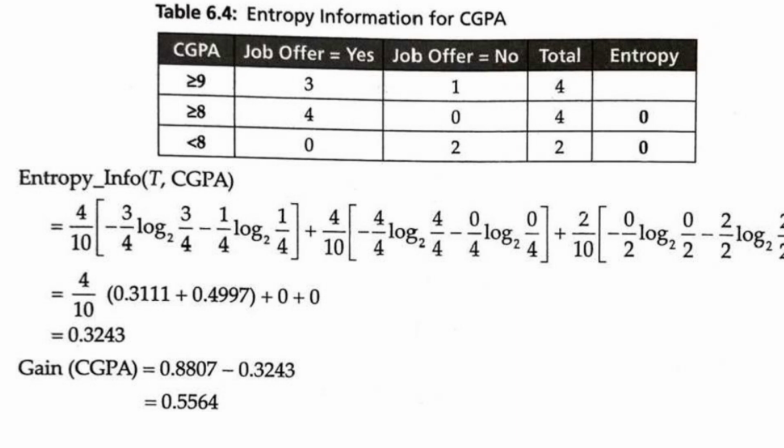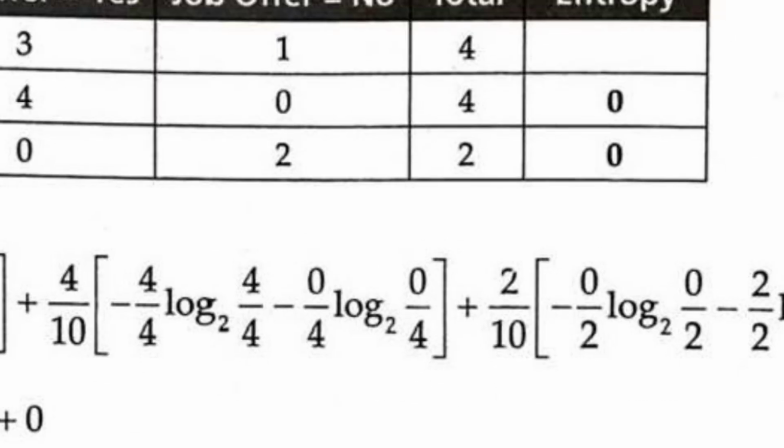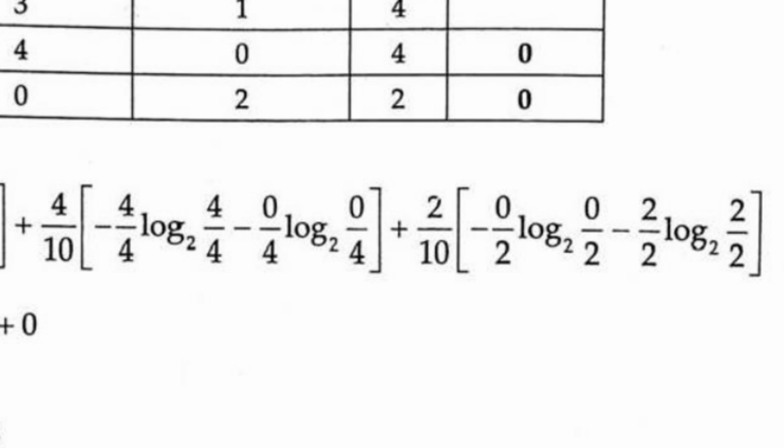Next, greater than or equal to 8: there are 4 out of 10, so 4 by 10, and in that, 4 yes and 0 job offer no. Last, less than 8: there are 2 over 10, 0 by 2 log 0, and like that.